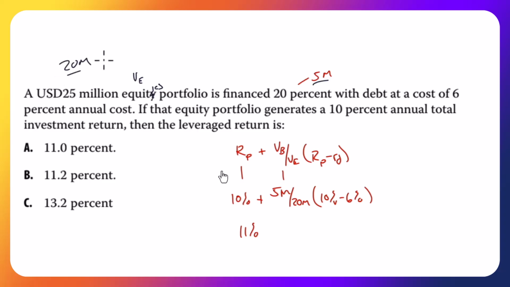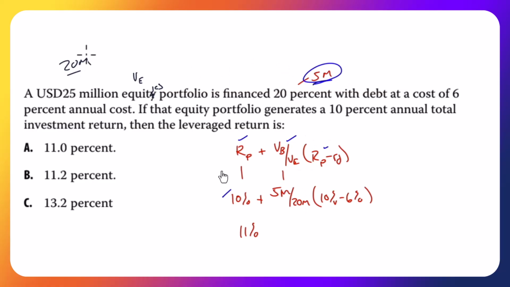If that equity portfolio generates a 10% annual total investment return, the leveraged return is, and we know that is the return on the portfolio, plus the leverage factor times the differential between the return and the cost of borrowing. So it earned 10%. There's our return on the portfolio. What's our leverage factor? It is the value of the borrowed funds, 5 million, over the value of the equity.